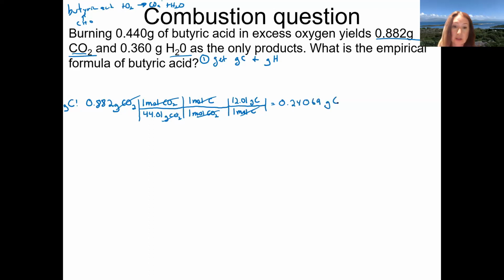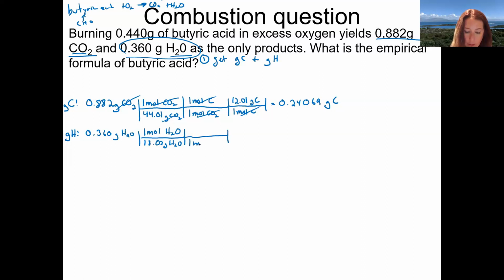Now I need to get to grams of hydrogen. We're going to do it the same way, from water. 0.360 grams of water, and water is 18.02 grams per mole. Again, I just got that from the periodic table.